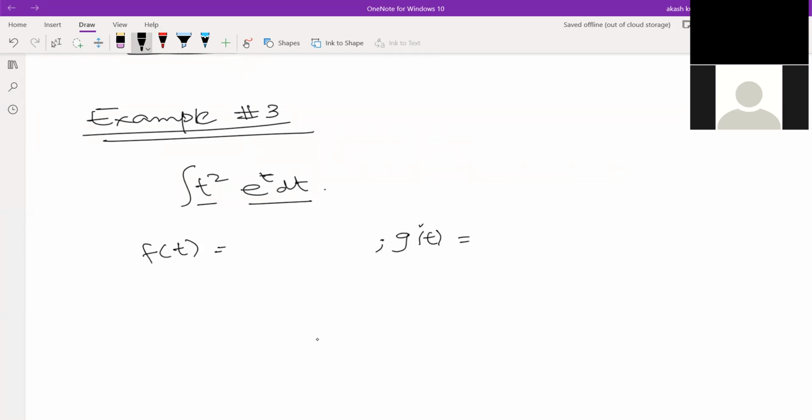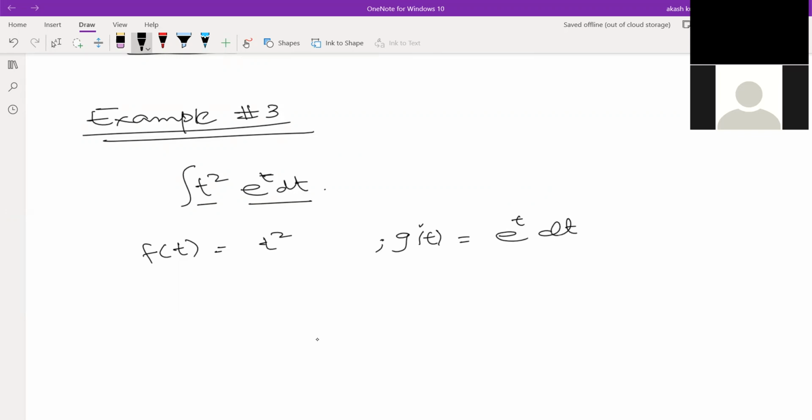If we derive t square, it will become 2t, so it's going to be easy. We can use f of t as t square, right? Yes. Then g dash of t becomes e raised to the power t dt.